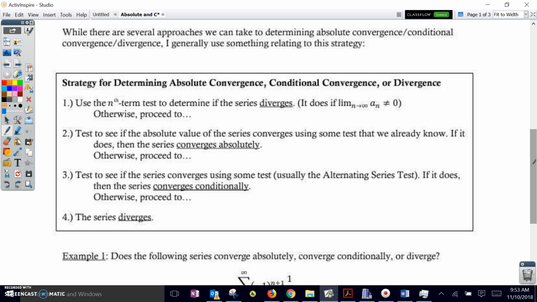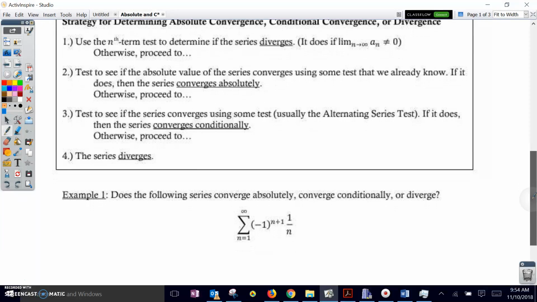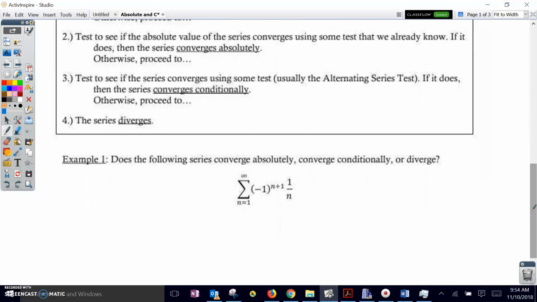If it does, then it converges absolutely. If neither of those two work, then I test the alternating series using the alternating series test to see if it converges. If it does, then that alternating series converges conditionally. And if it doesn't, then that series diverges. So that's my strategy here.